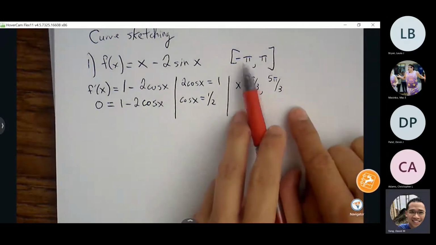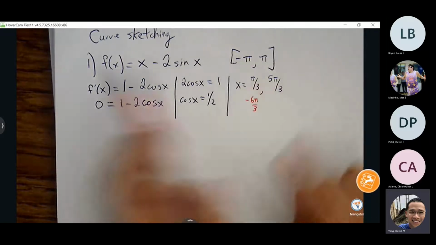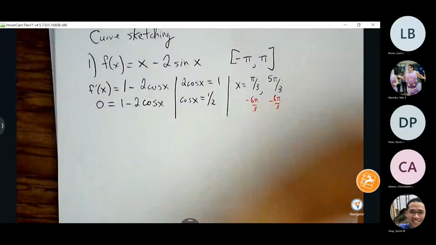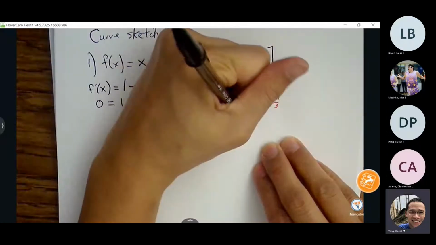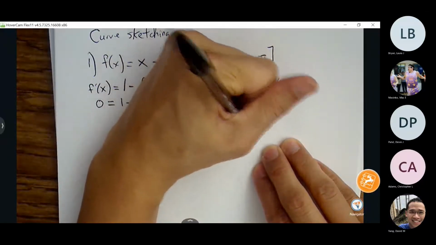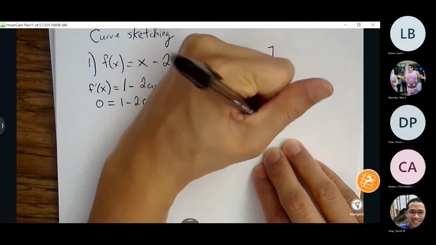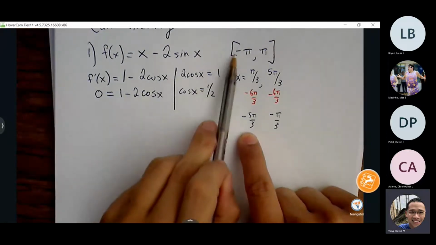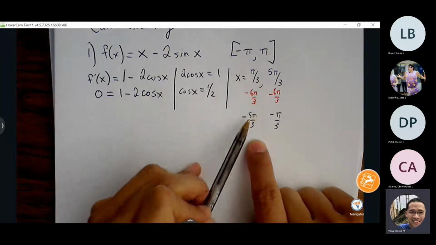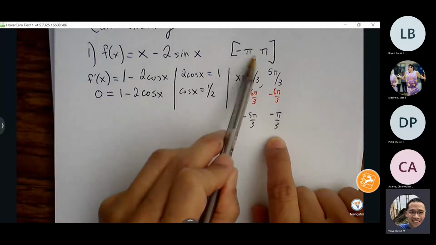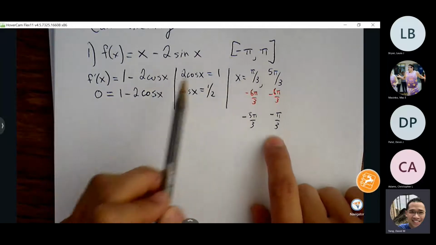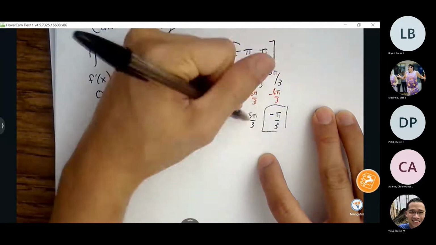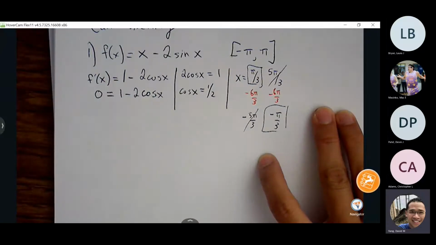But I want to go in the negative direction to see if something lands there. So negative 5 pi/3 is to the left of negative pi, so we know this one is out. But negative pi/3 is between negative pi and pi, so this is good, right? Are you okay with that?